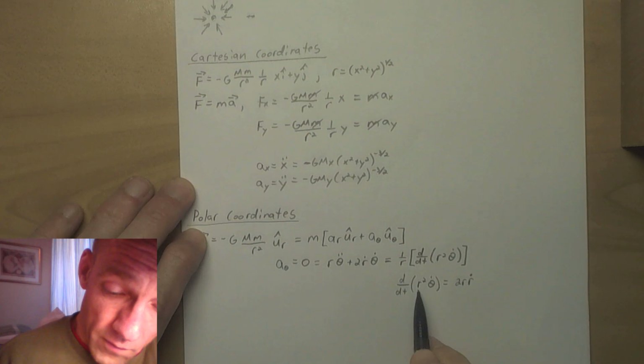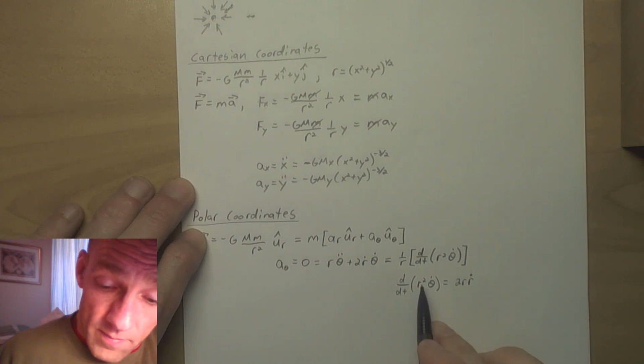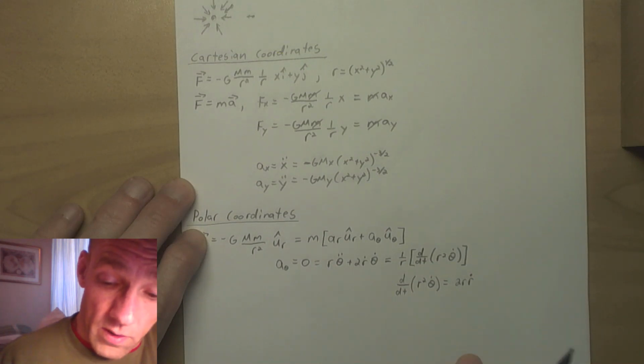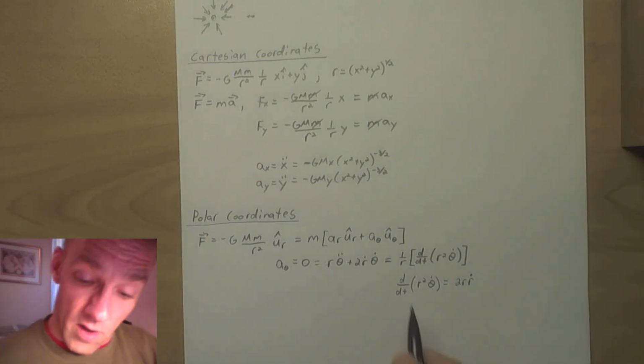There's a derivative, so I also have to use the chain rule, right? So you take the derivative with respect to the argument, so it's r squared with respect to r, and then take the derivative of the argument with respect to time.